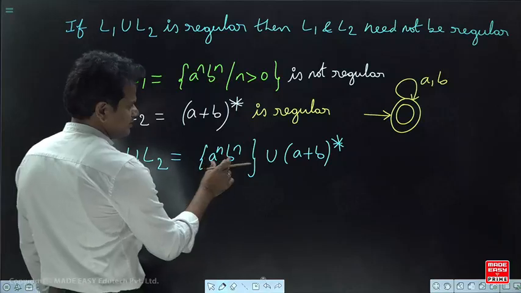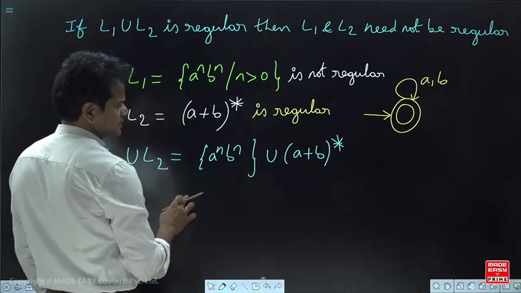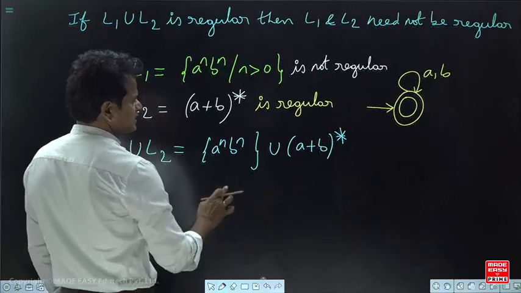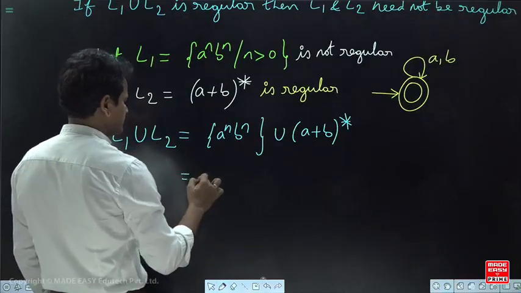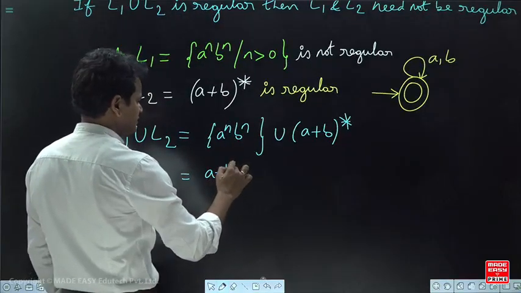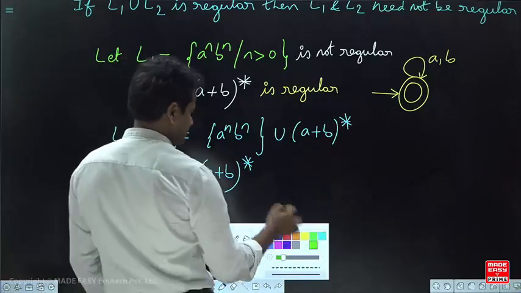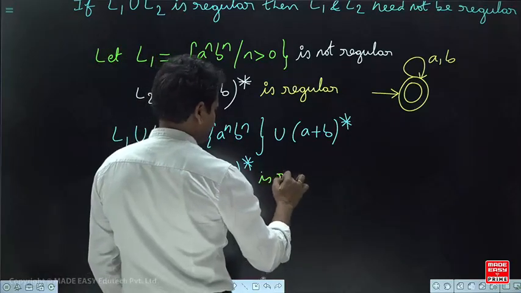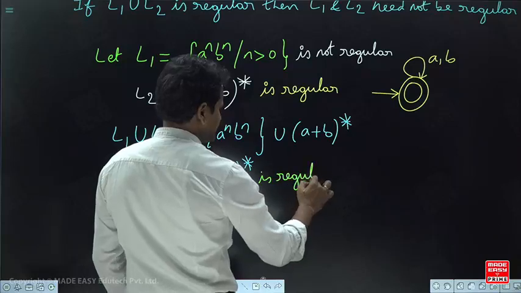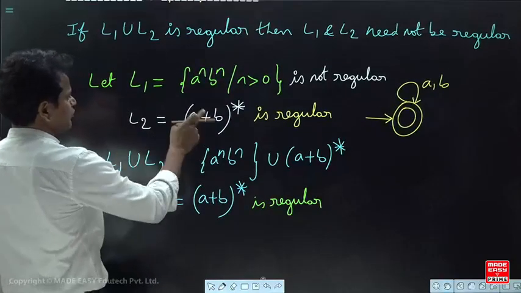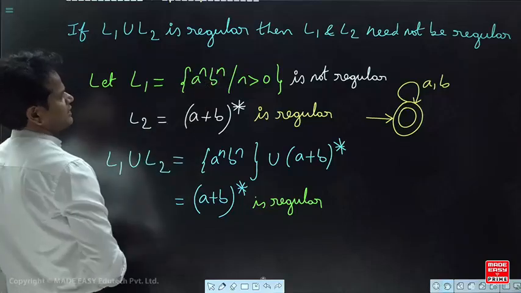So every string of a power n b power n is also in (a plus b) whole star. So this union (a plus b) whole star gives you (a plus b) whole star, which is regular. But see, here the union is regular, but individually one is regular and the other one is not regular.